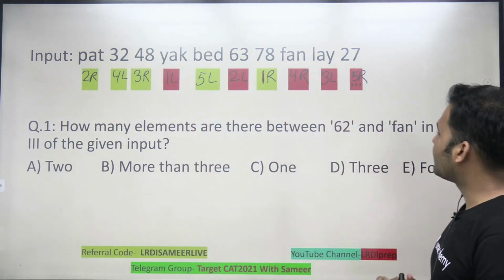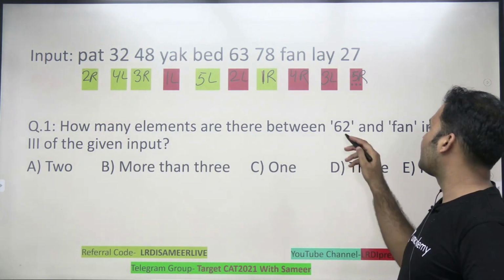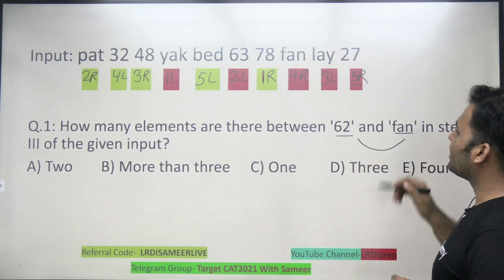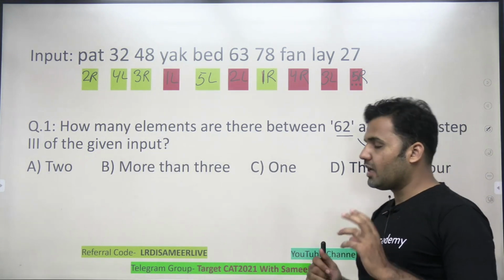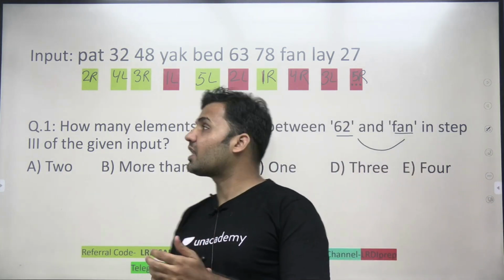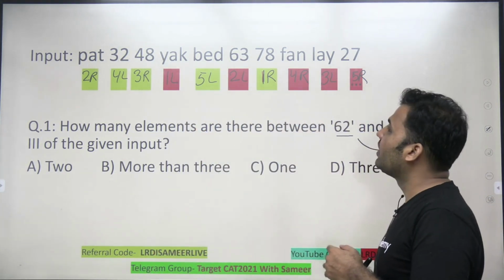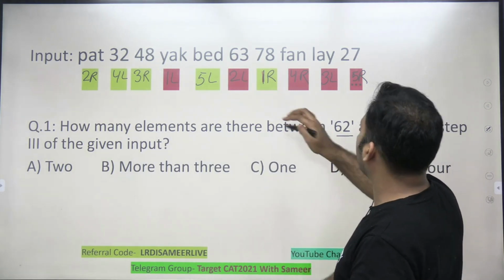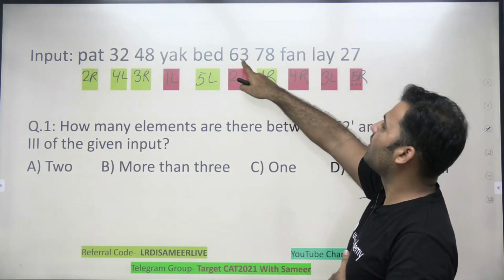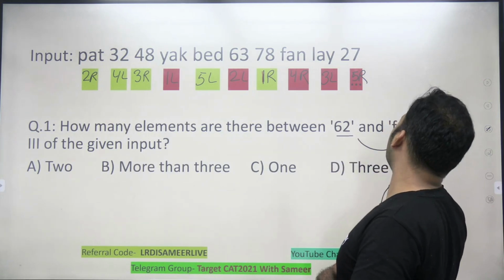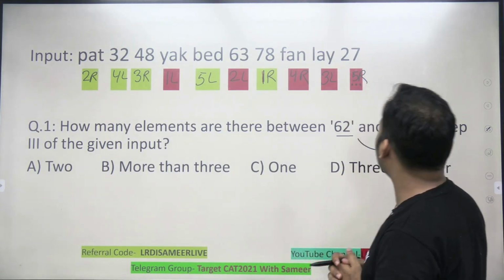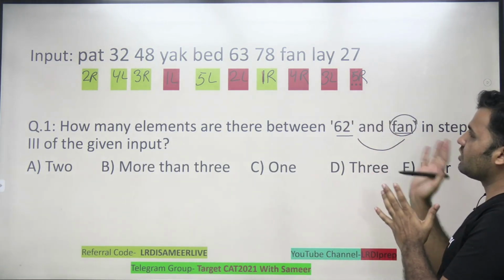Now the question is asking me how many elements are there between 62 and F in step 3 of the given input. Now I'm supposed to answer in step 3 what are the elements between 62 and F. If you look at the rank, when the element 63 is moved, it will be written as 62, and the word fan will be written as it is because it is not moving.